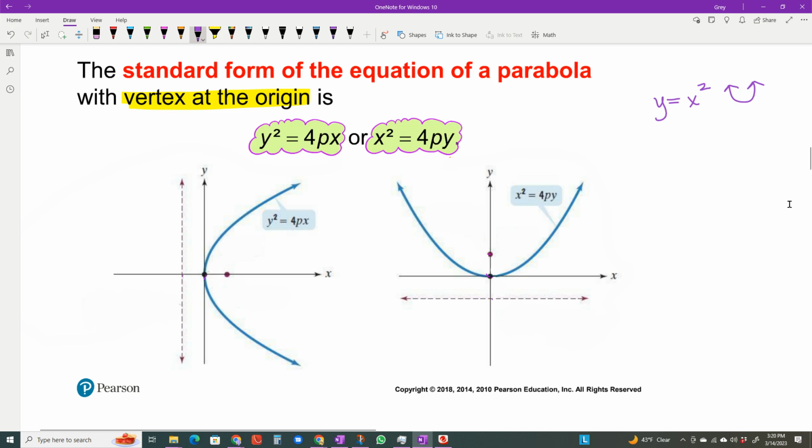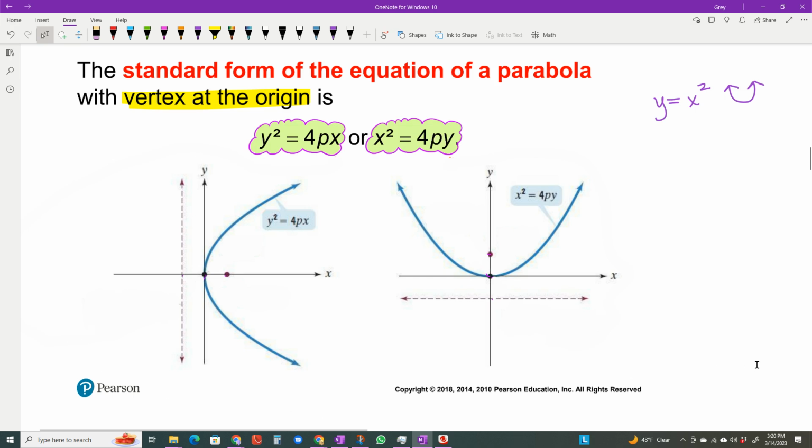So if the x is squared, the parabola is vertical, going up or down depending on the negative. If the y is squared, it's going to open right or left, again depending on the negative.